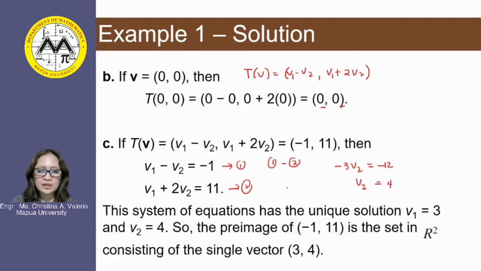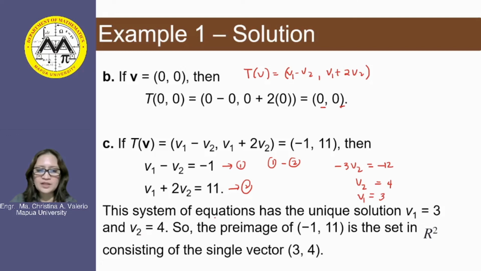And then we can use this value in equation 1 to find v sub 1, and v sub 1 is simply negative 1 plus v sub 2. So that will be negative 1 plus 4, then v sub 1 is equal to 3.